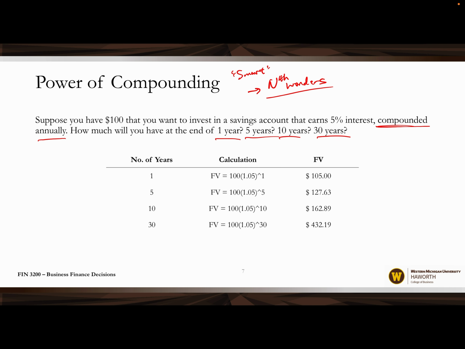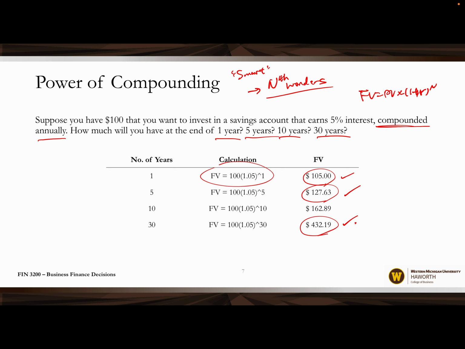If you do the math, using the formula I showed you earlier, future value equals PV times (1 plus R) to the N, you'll see that after year 1 you have 105, after 5 years 127, and after 30 years your money more than quadruples and you get 432. So this illustrates the power of compounding.